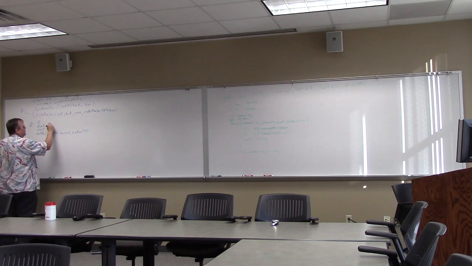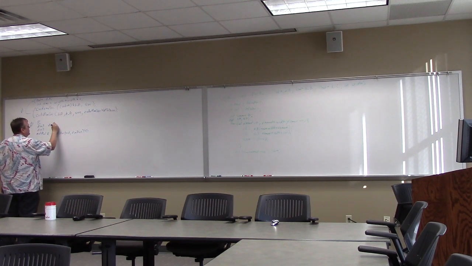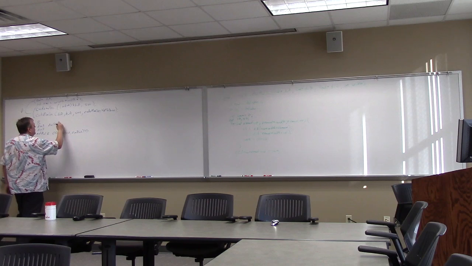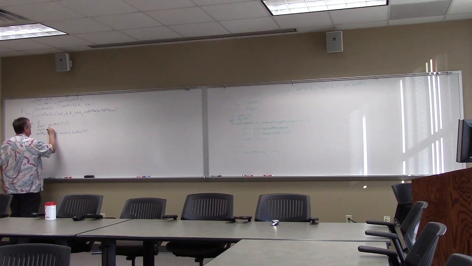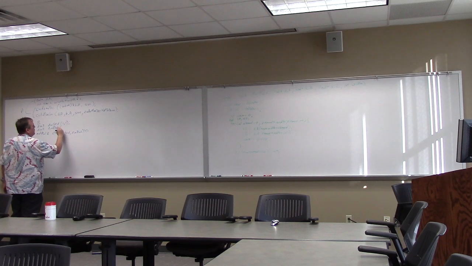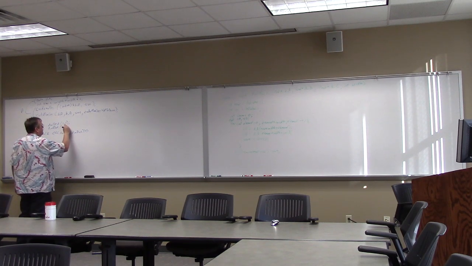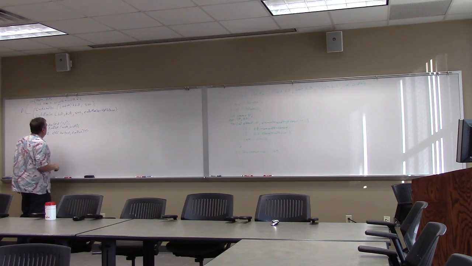So I've got the dimension of my grid, which I'm going to specify as just 1 by 1, and I've got my dimension of my block, which I'm going to specify as whatever its width is. That's the X and Y.